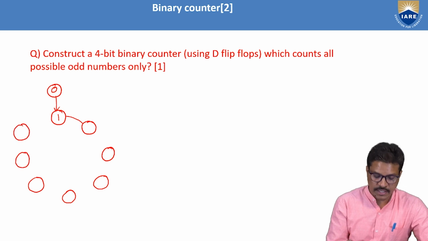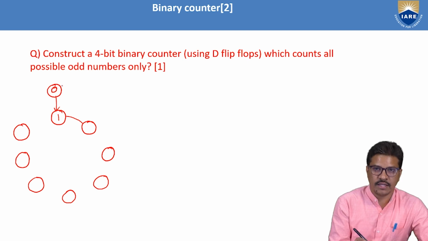So we can represent it like that. Initially the circuit is in state 0. Then, on the application of the clock, it moves to the first odd number, 1. Again, on the application of the clock, it will move to state 3. Then it will move to state 5.